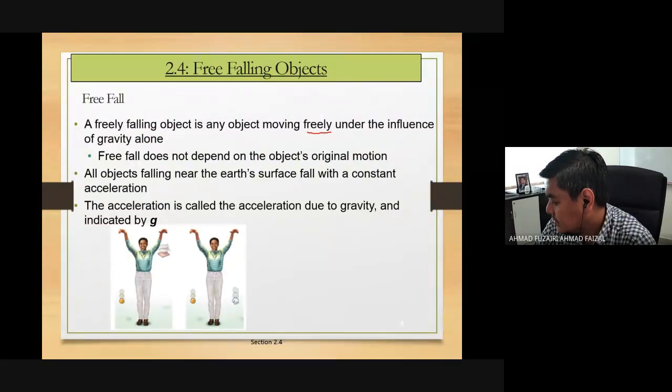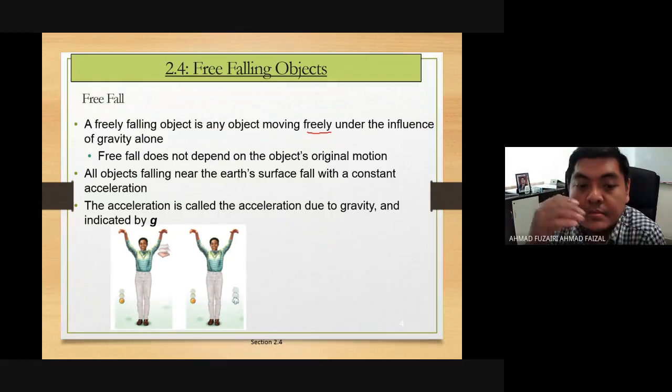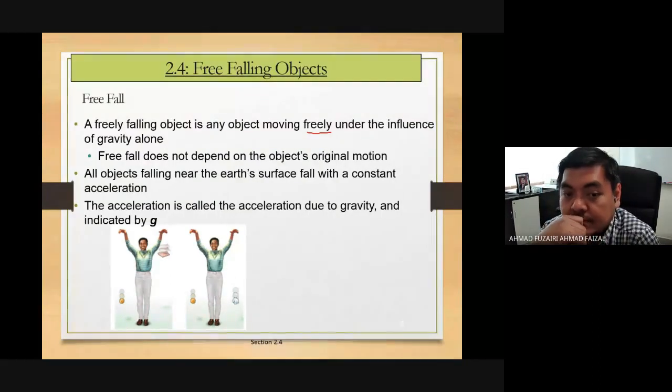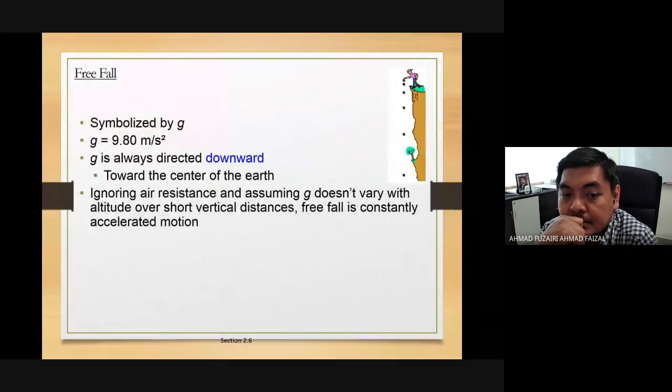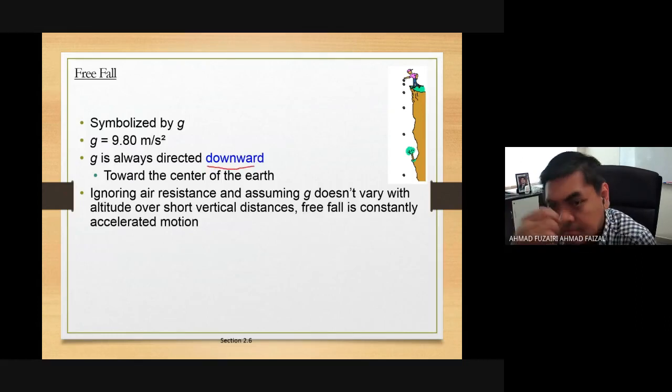All objects falling near the Earth's surface fall with a constant acceleration. Acceleration tells you how fast the velocity changes for every second. The acceleration is called the acceleration due to gravity and indicated by the symbol of g. The value or the magnitude of g is 9.80 meter per second square, and g is always direct downward, which is toward the center of the Earth.